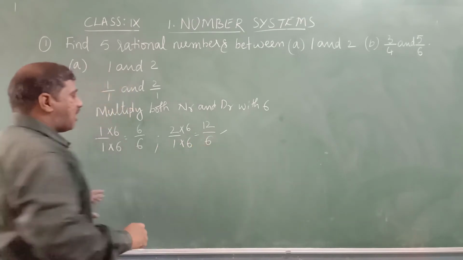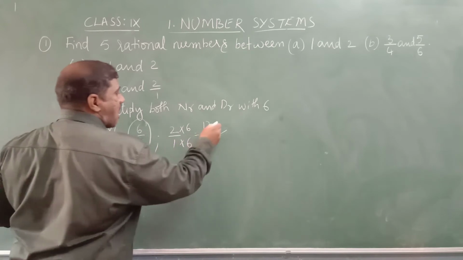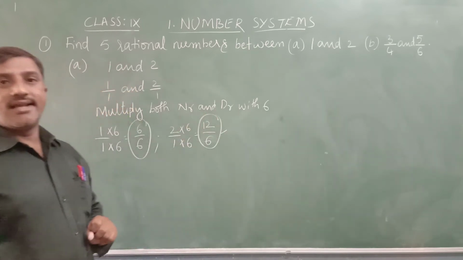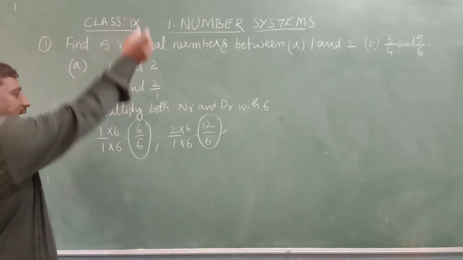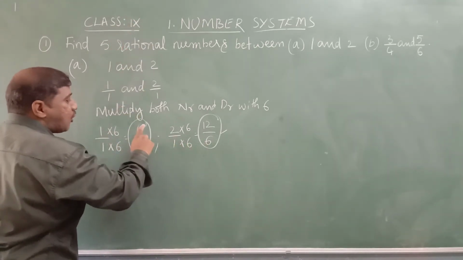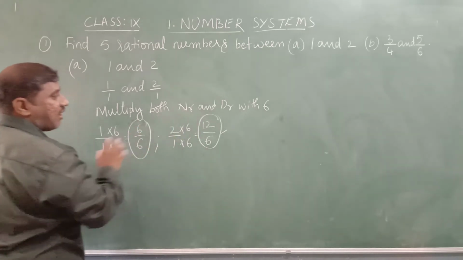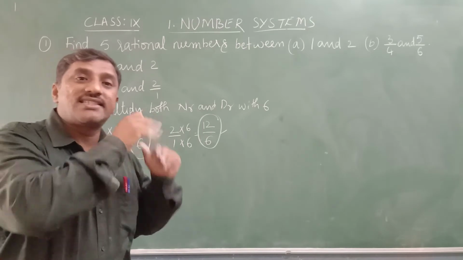So two rational numbers with the same denominator, that is 6 by 6 and 12 by 6. Here the denominator is 6 and the numerators are 6 and 12. Identify the numbers between 6 and 12.